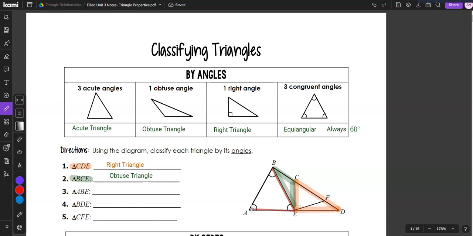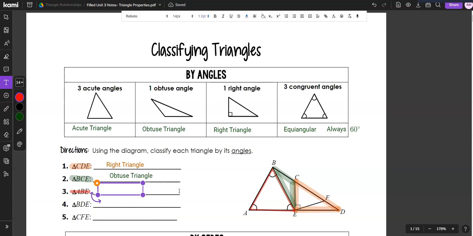So that's going to be this one right here, ABE. And that is going to be an equiangular triangle. Because again, all 3 angles are congruent.